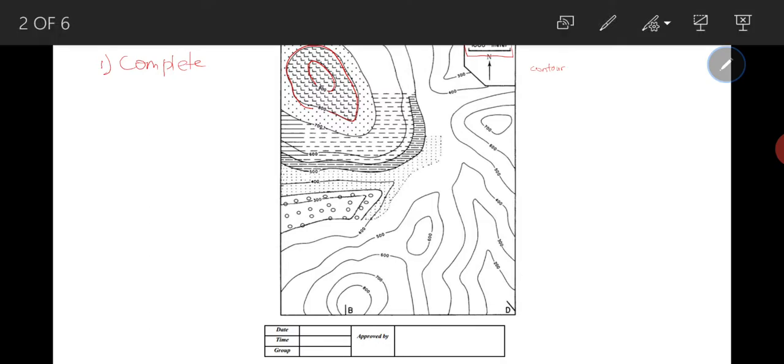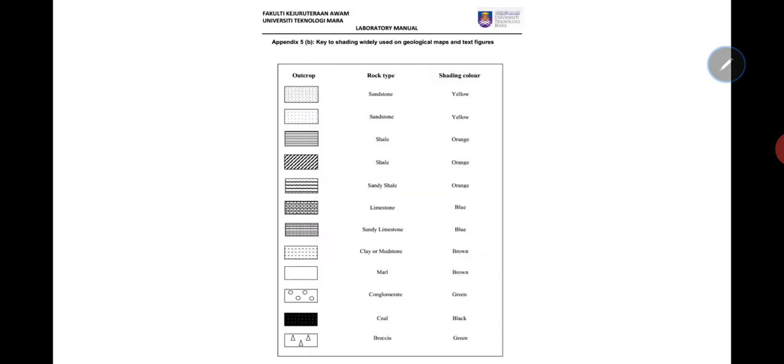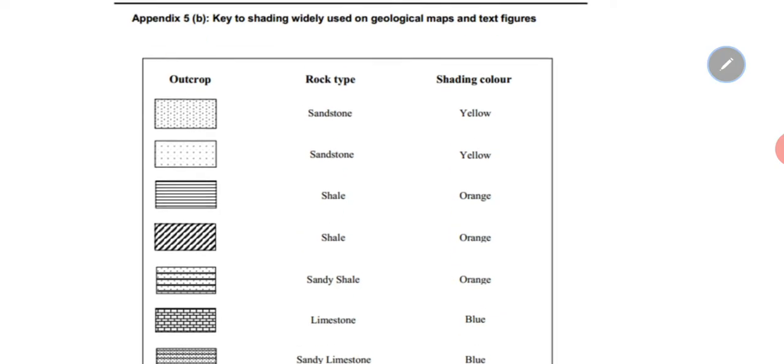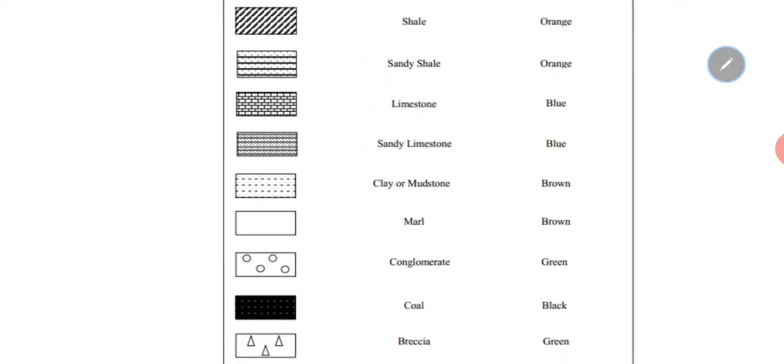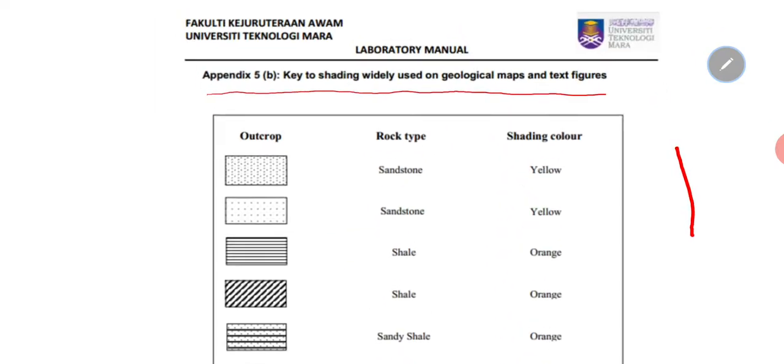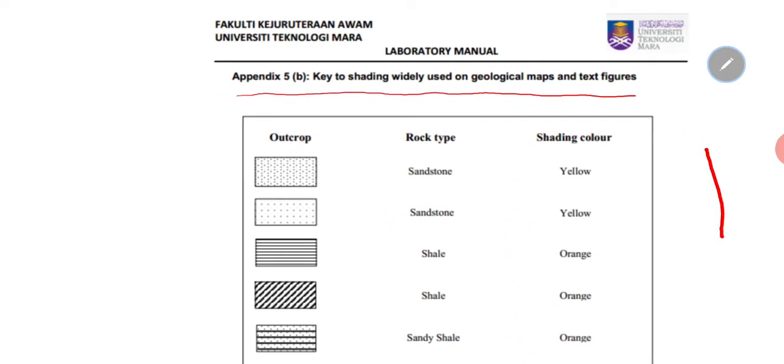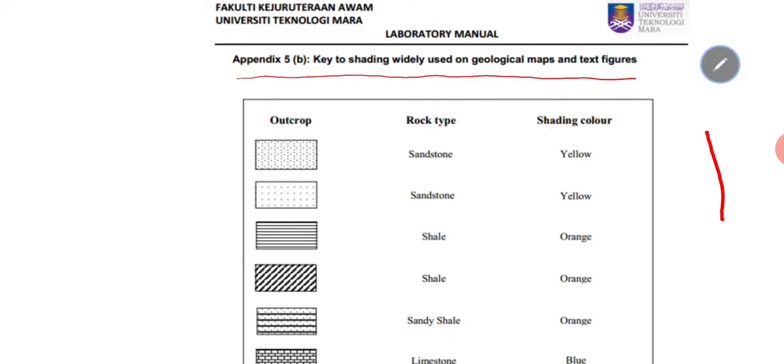This is appendix 5B, the key to shading widely used on geological maps and text figures. You just use these guidelines to color. That's a simple version of the use of appendix 5B.